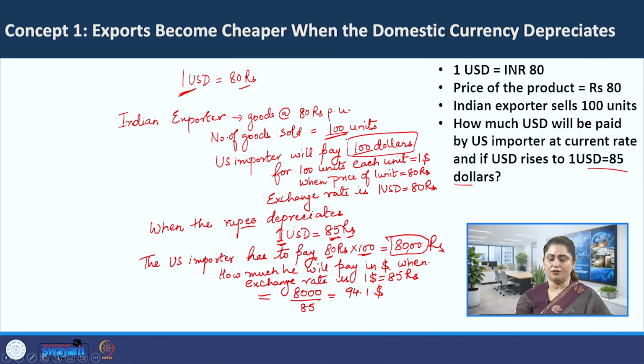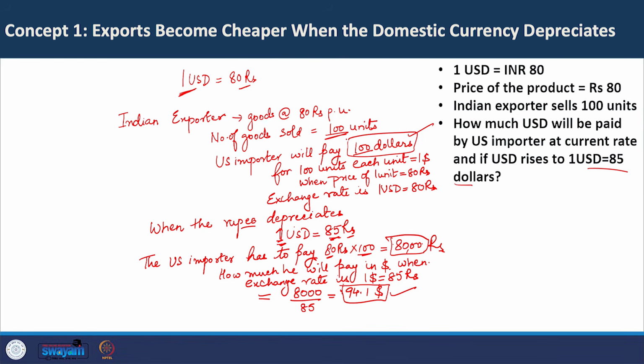So, earlier he was paying $100 and now he will be paying $94.1. That means he is going to save approximately $6. So, the export has become cheaper for the US importer.